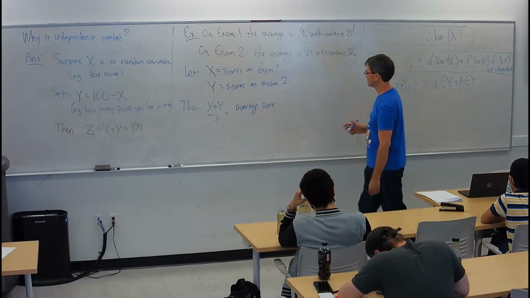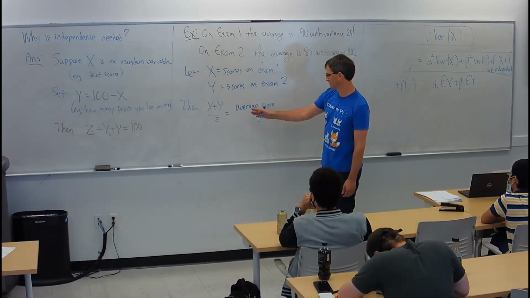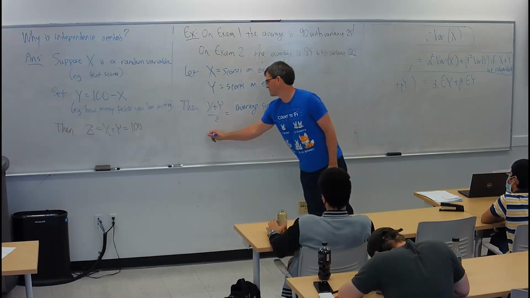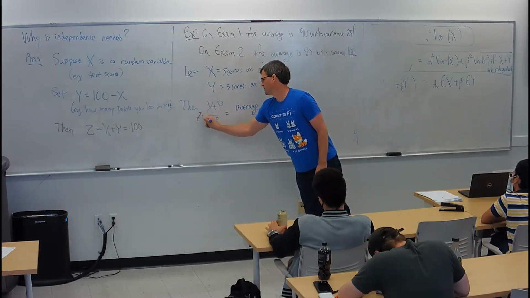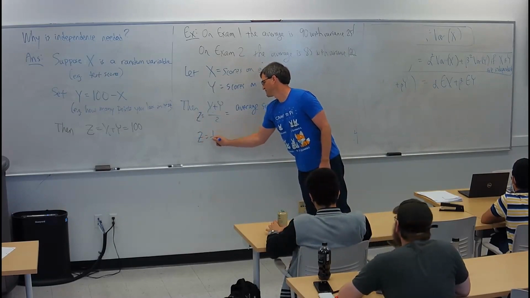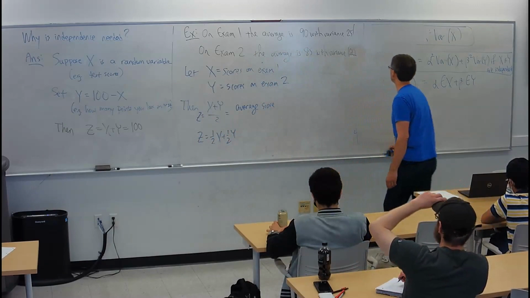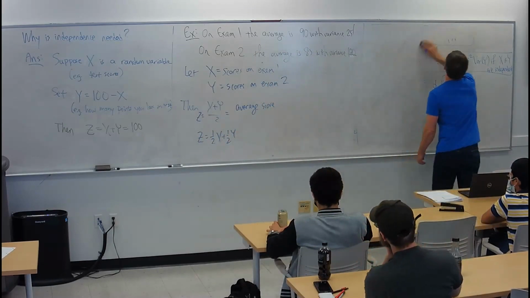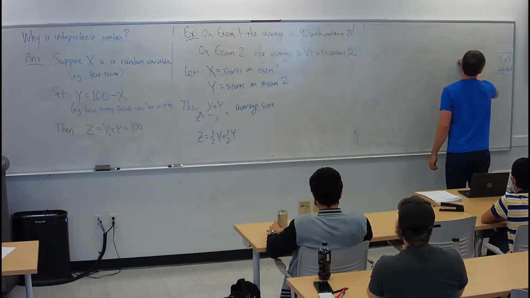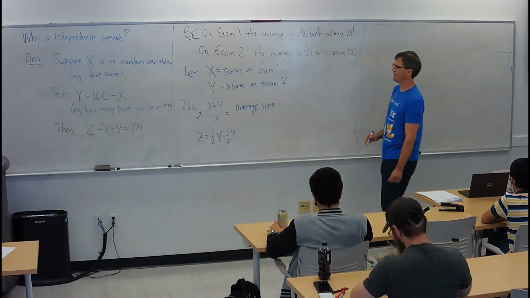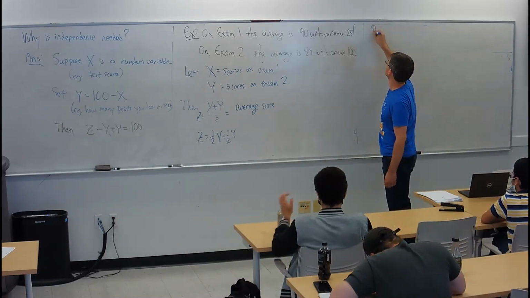Now I've been writing things with alpha X and alpha Y, so I'll rewrite this as 1/2 X plus 1/2 Y. Okay. What is the average of Z?